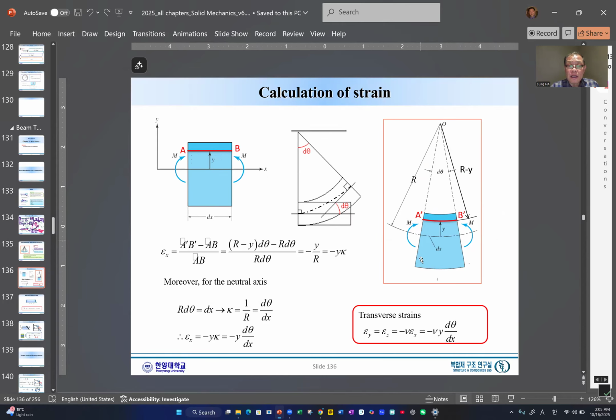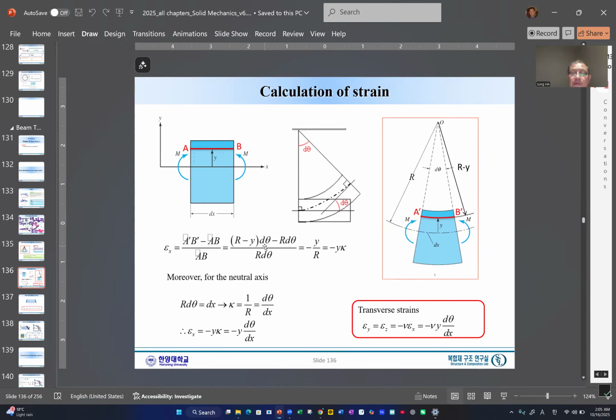Delta theta is the angle created by these curvatures.